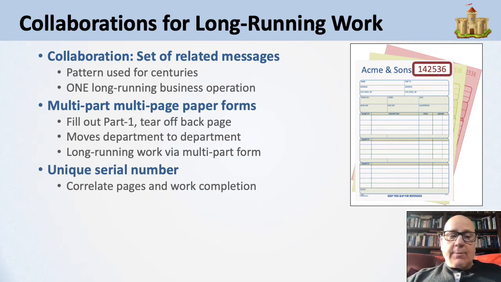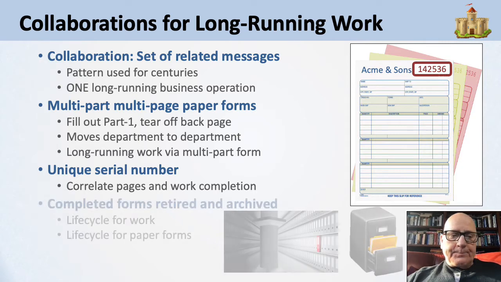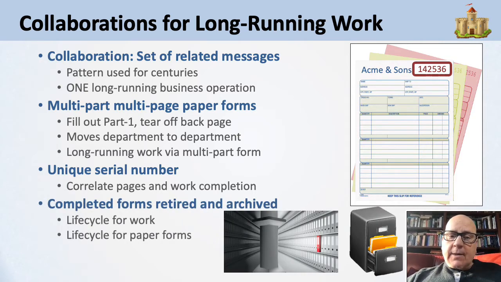That unique serial number correlated the pages and the work completion so that you could tie them back together as more and more work for the long-running operation would occur. Eventually, those completed forms were filed away, and then they were retired and archived. And there was a life cycle for the work, there was a life cycle for the paper forms, and it usually resulted in the paper forms eventually going to the shredder after many years.